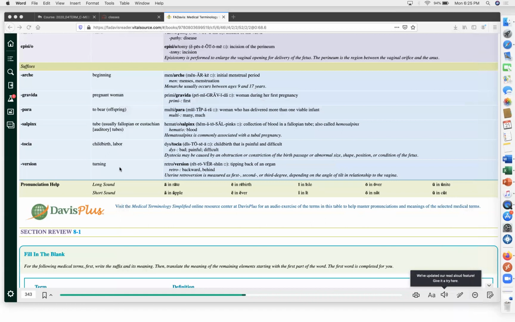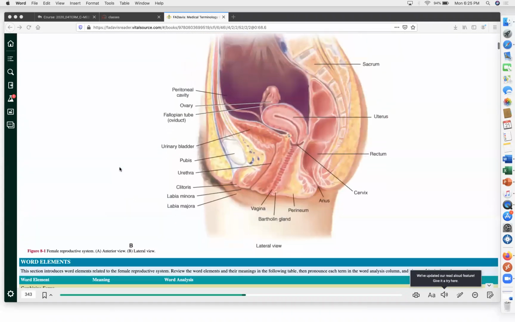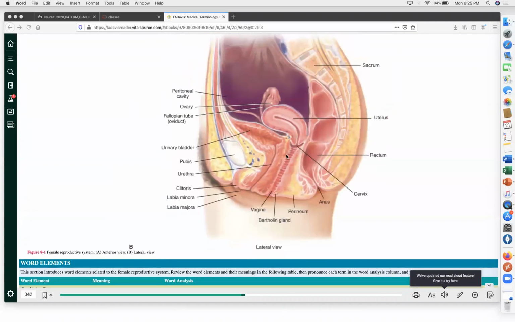Retroversion, turning, tipping back of an organ. Now, the retroversion is the retroversion of your uterus. That's not good. Do you see how the uterus is faced a certain way? You could also see how your spinal cord is faced a certain way.